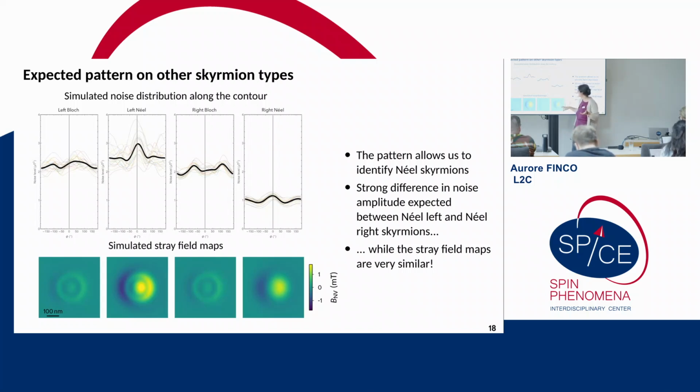And if you compute the stray field map that you expect in this type of synthetic antiferromagnet, you see that for Bloch or Néel, indeed, it's going to be very different. But the difference between Néel left and Néel right, if you have disorder, is going to be quite difficult to make. This is roughly the same stray field level, roughly the same pattern.